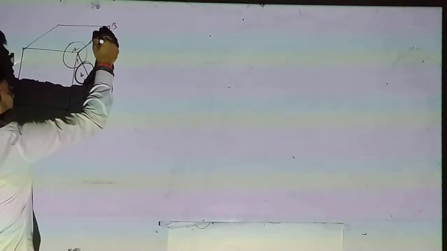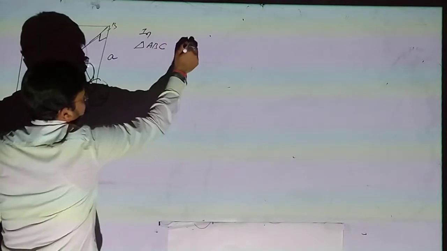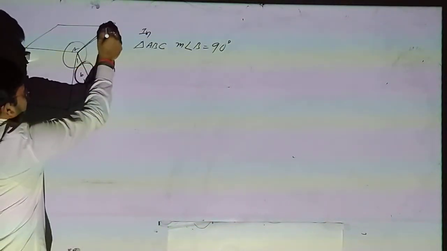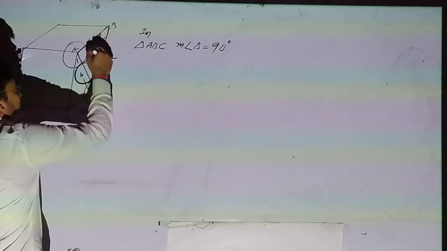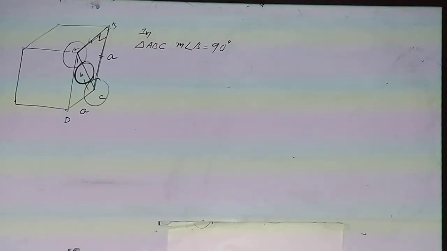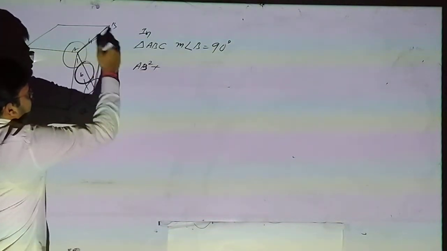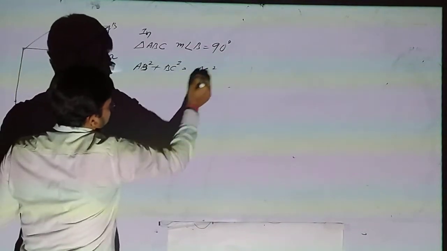In triangle ABC, the measurement of angle B is 90. So due to Pythagoras, the hypotenuse: AB square plus BC square is equal to AC square.